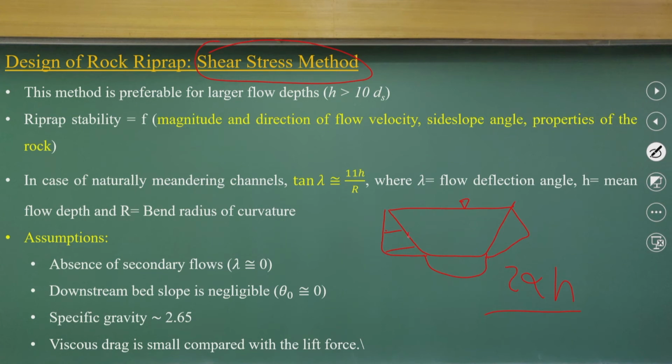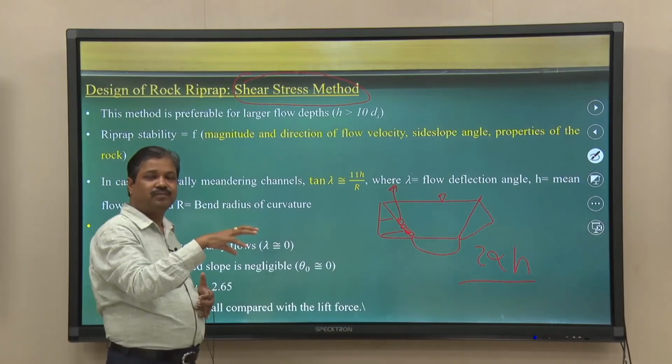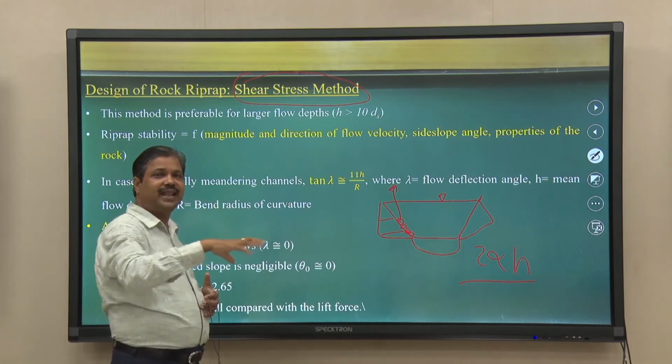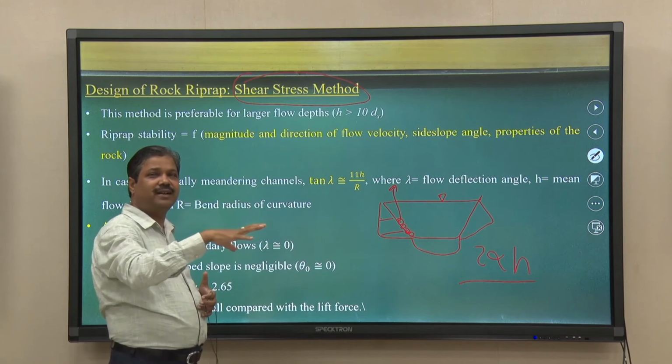If I am putting river bank materials, a stone riprap, I have to do particle stability analysis for this stone, whether these stones are stable with respect to the flow shear stress and turbulent structures acting on these.